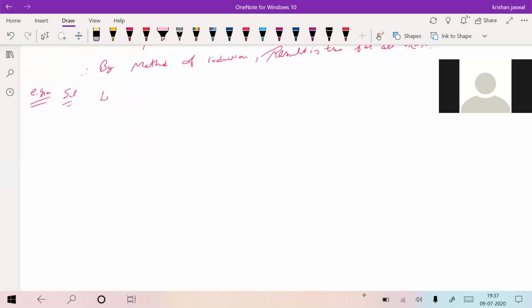Let P n is equal to n into n plus 1 into n plus 5.